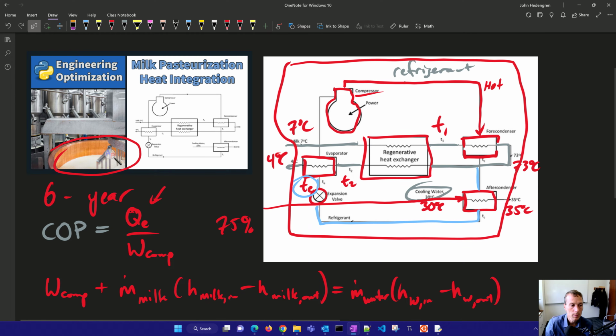That's an overall energy balance, conservation of energy.